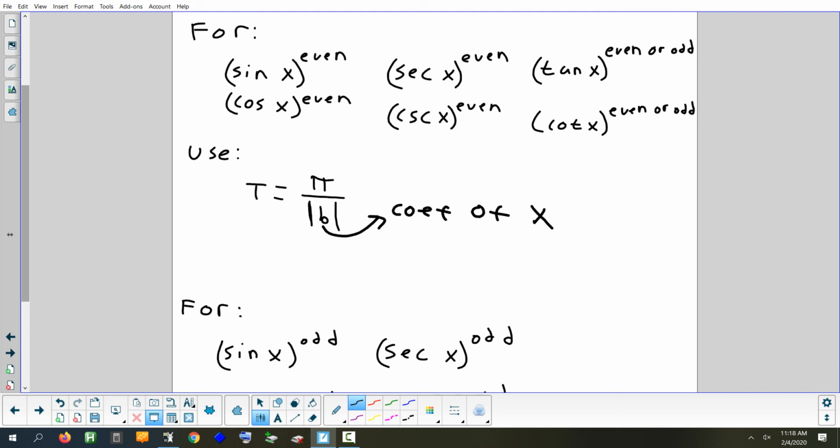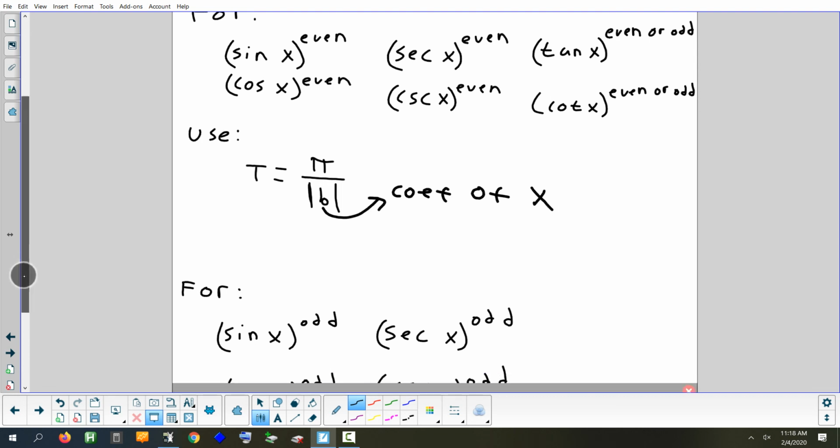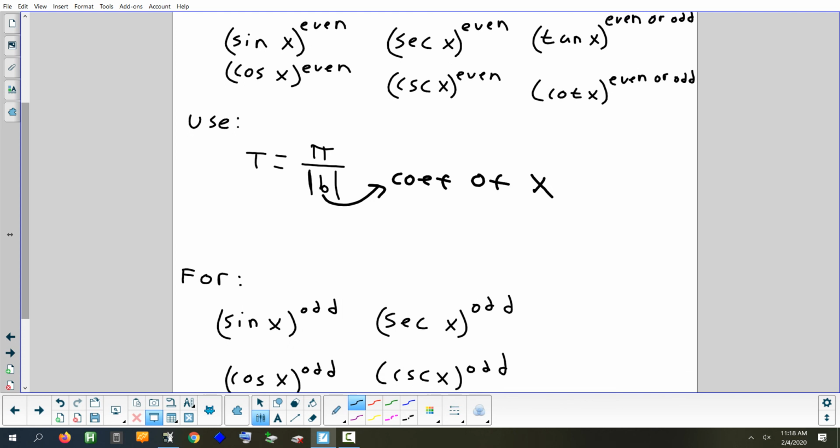Does everyone have the top 6 ones? So those are the last 4. Sine, cosine, secant, and cosecant to an odd.